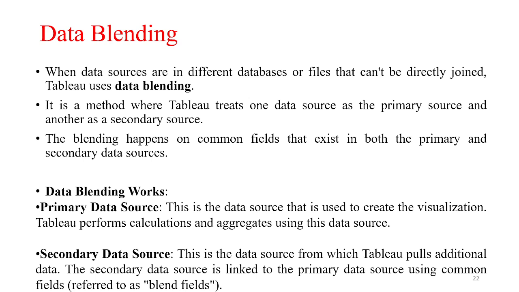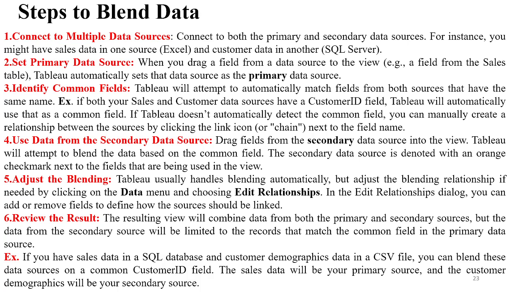These are simple basic arithmetic operations, so we can use these for the primary data source. For the secondary source, Tableau pulls additional data, so we have to access another data source. Suppose we have taken the primary data, and now we have to take the secondary data.